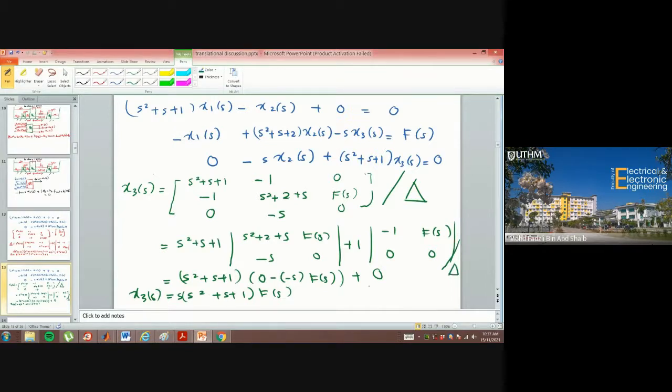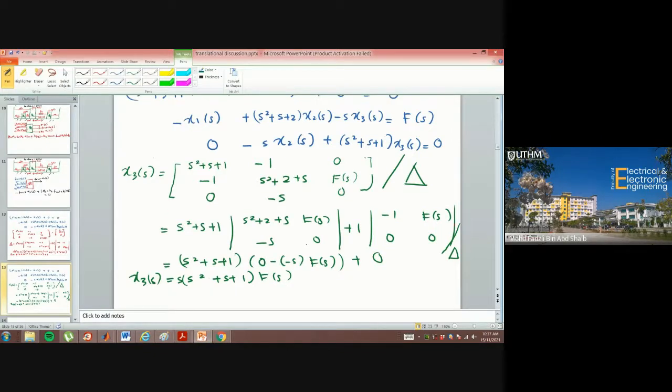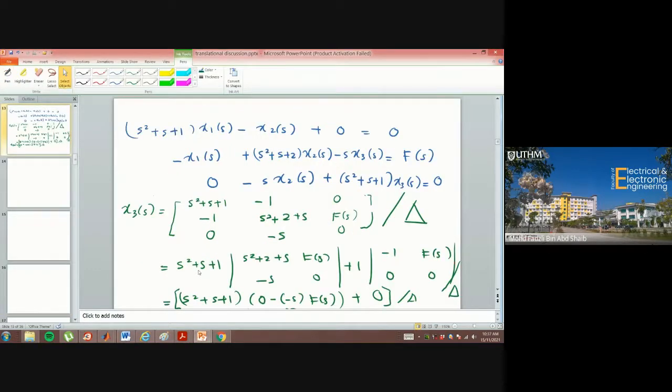This one should be over the determinant. So like this.